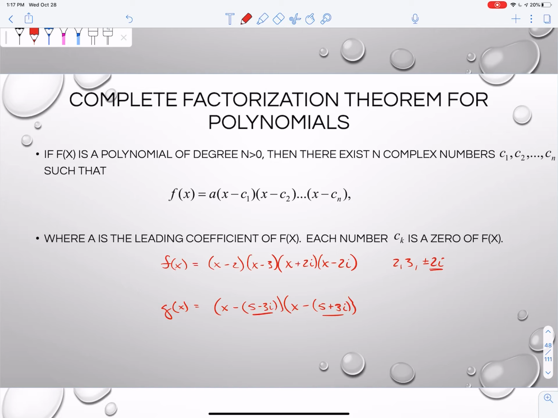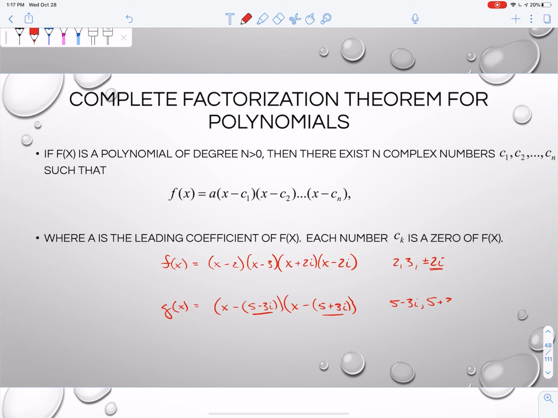It comes in the form of complex conjugates and it is a full complex number instead of just an imaginary component, and this is also fair game. This would give me solutions of 5 minus 3i and 5 plus 3i.